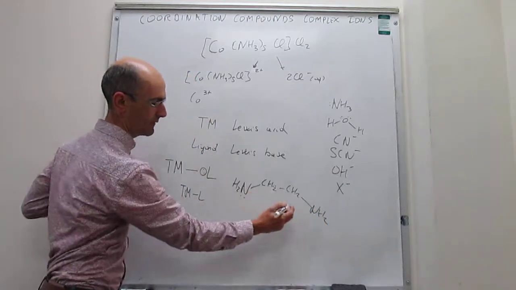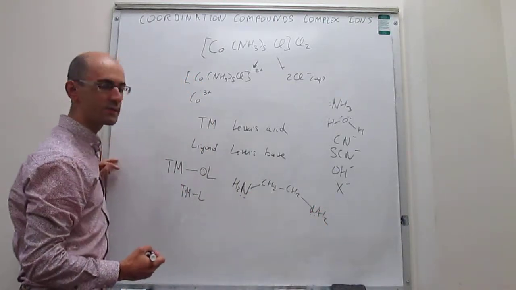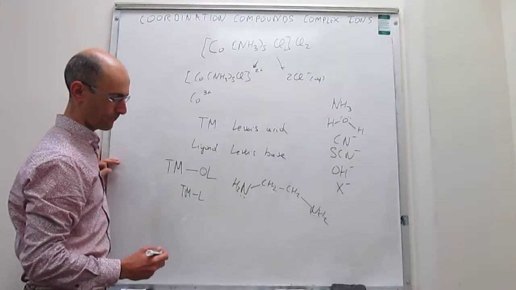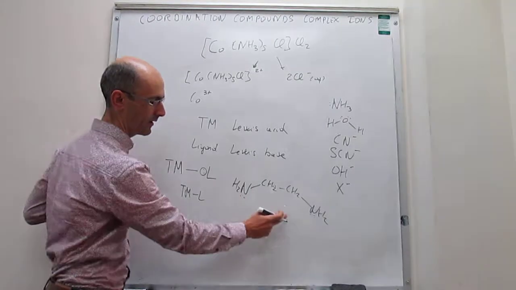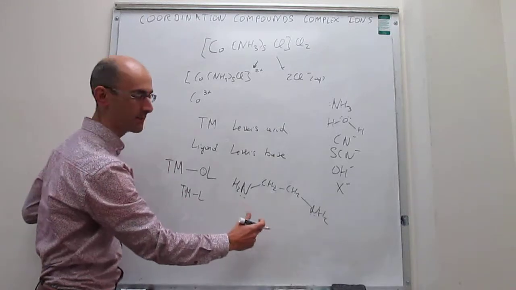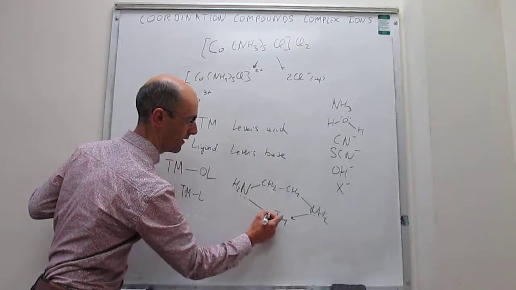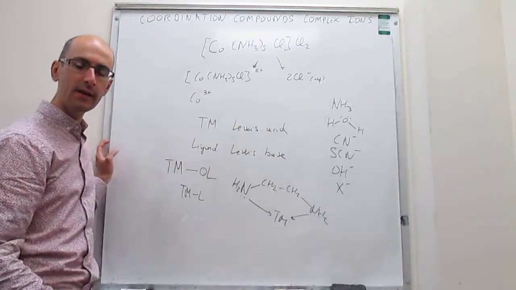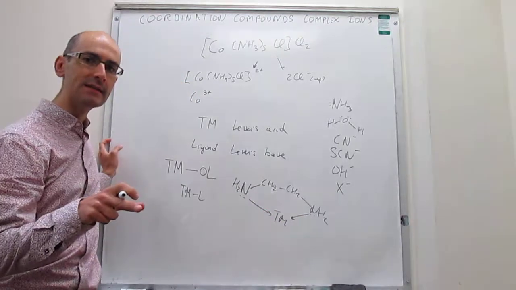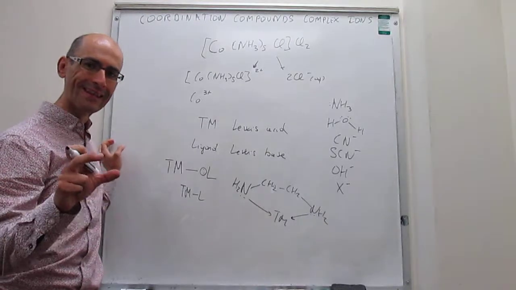Notice that here you have two nitrogen atoms, and in the Lewis dot structure you have one lone pair here, one lone pair here in the same ligand. So both of those can form one bond with a transition metal, and this will act as a bidentate ligand. It's also called a chelate.